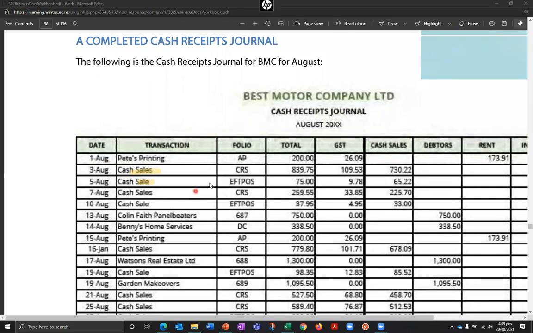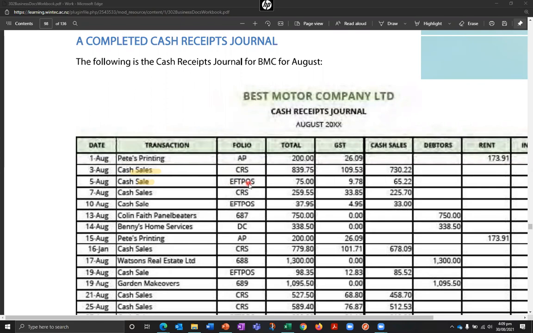There is more than one. It comes from your cash register summary. Now remember what a cash register summary is. It's a total of all of the transactions that have gone through the cash till during the day. So this is more than one sale, so it's recorded as cash sales.